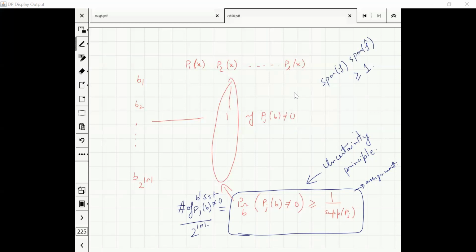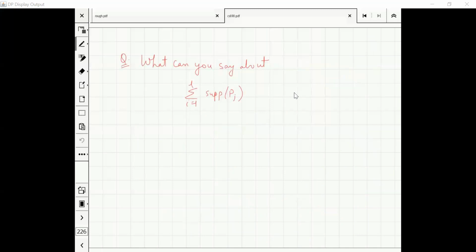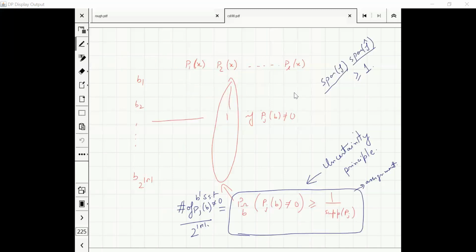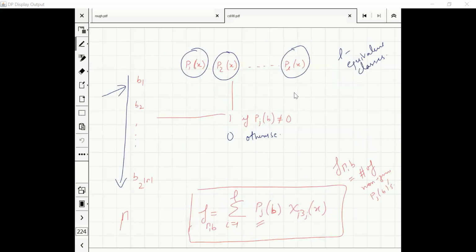If you remember your physics, it says either the error in momentum or the error in position has to be high. Here, I am saying either the sparsity of f or the sparsity of f hat should be large. This should give you the idea. I won't say more about it.